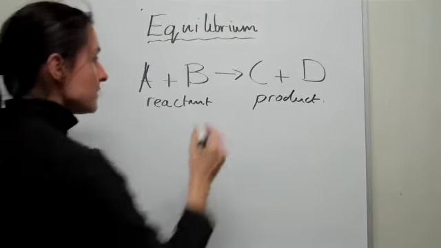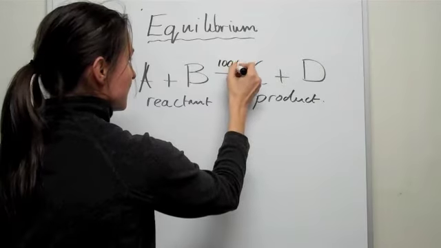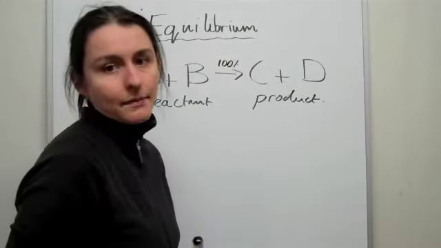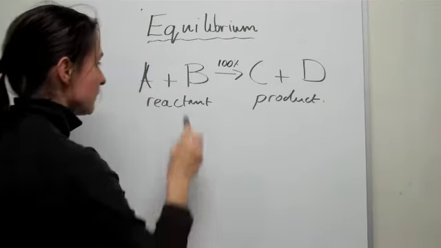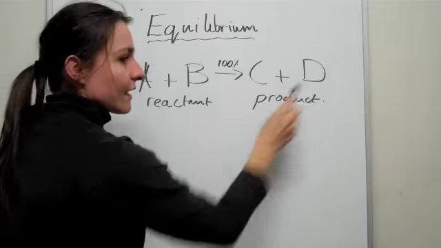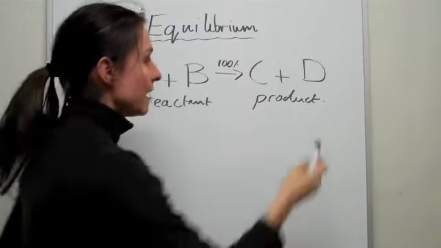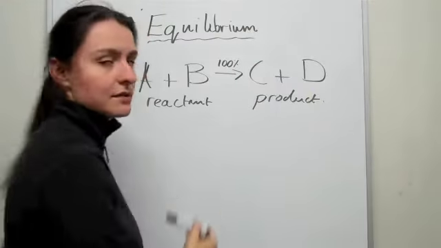Normally this would happen at about 100% efficiency. That's theoretical, but sometimes you have different percentages. And you would have known that all of this converts into that, and that it's irreversible. You can't actually convert this and this back into that.